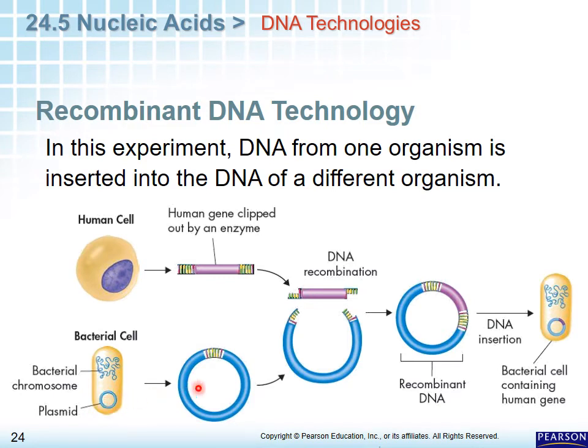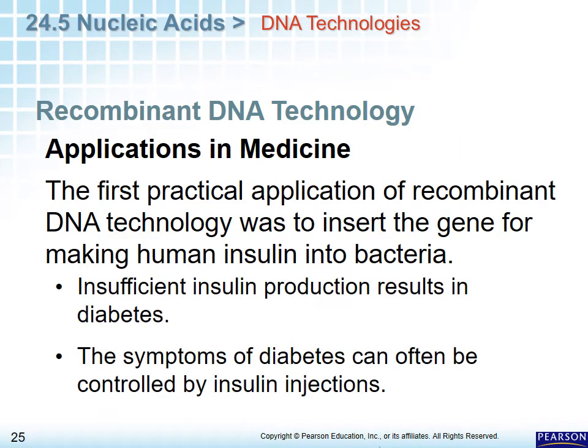So remove the plasmid, put the human gene in it, and attach it to this plasmid. After attaching the human gene, the circular structure is called recombinant DNA. Now this recombinant DNA is going to be inserted into the bacterial cell. This technology is called recombination of DNA, or recombinant DNA technology.